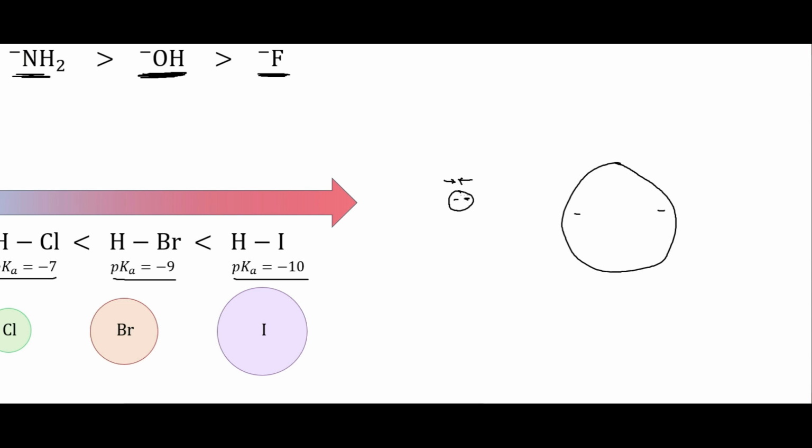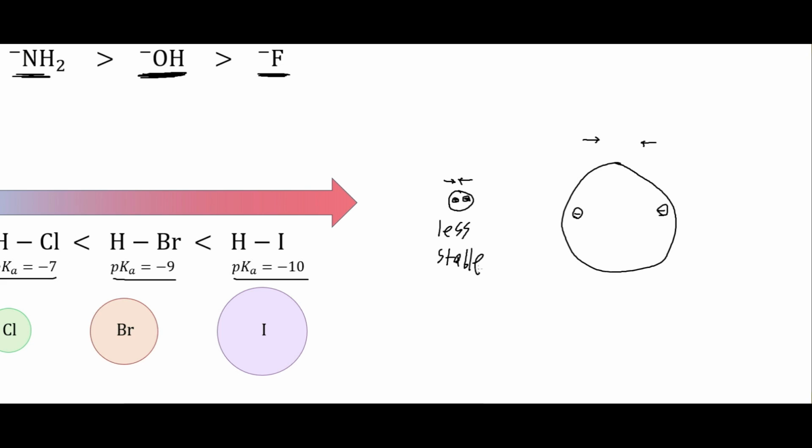And so within the fluorine, they're getting much closer together, and so they're going to repel each other much more, whereas in our iodine, they can stay further apart. So this one can stay over here while this one stays over here, whereas on this one, this has to stay here while that stays right there. So they're much closer together, and so this is less stable.